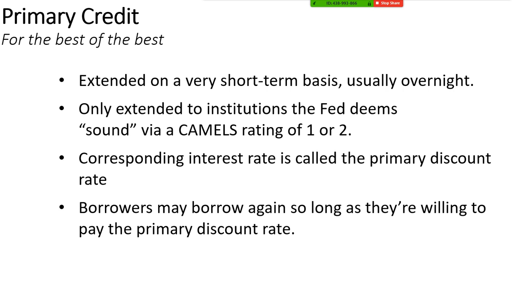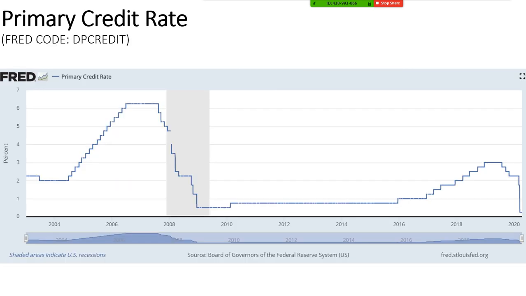To give you a sense of this primary discount rate relative to its history, we can take a look at the following graph. This is the daily primary credit rate, or the primary discount rate, from January 2003 to April 2020 from the Fed. I gave you the Fed code there if you want to take a look at this yourself. On the x-axis, we have time, and on the y-axis, we have percent.